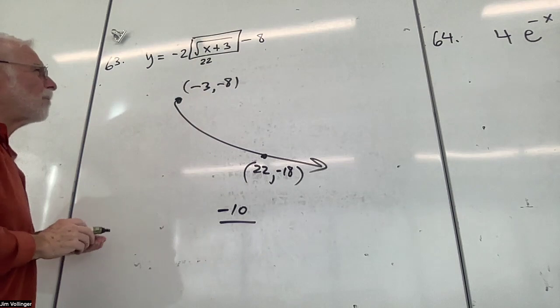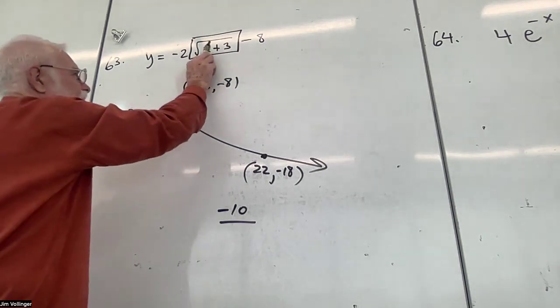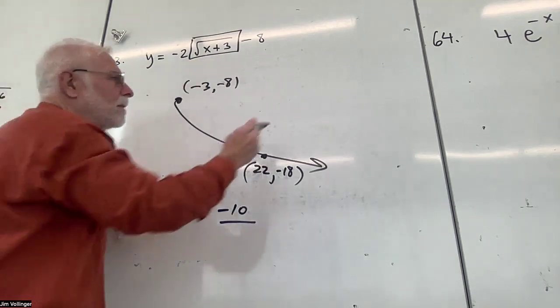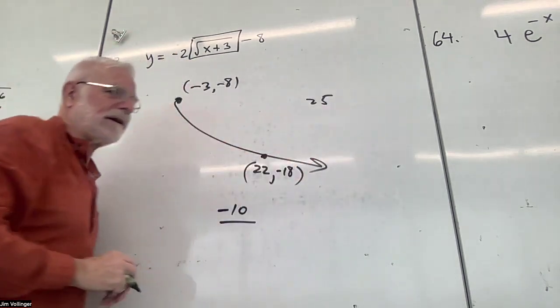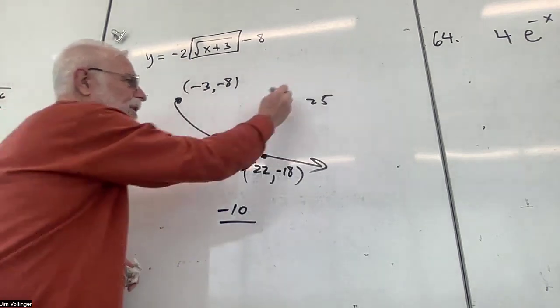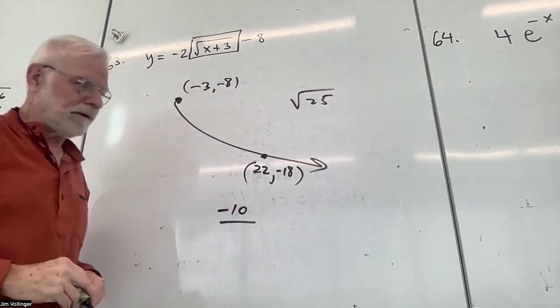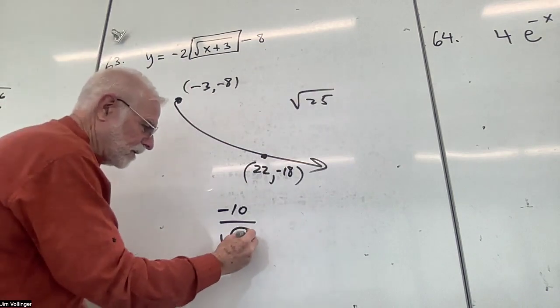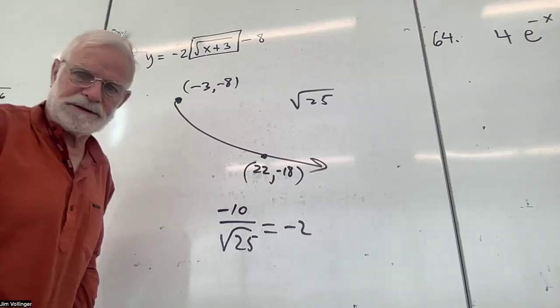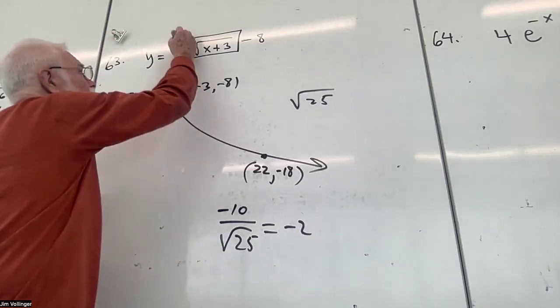And people do so many linear functions in Algebra 1 that when I say drop a 22 in there, people say it's changed by 25. Well, you've got to get that out of your head. It's changed by the square root of 25. And what is this number? Well, that number is -2. And where do you see that number? Right there.